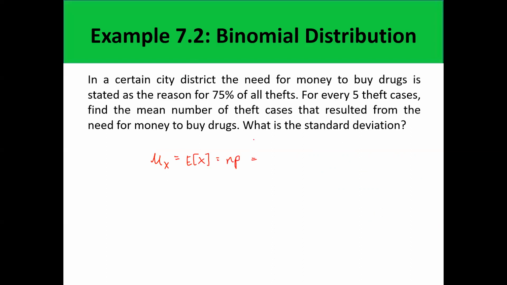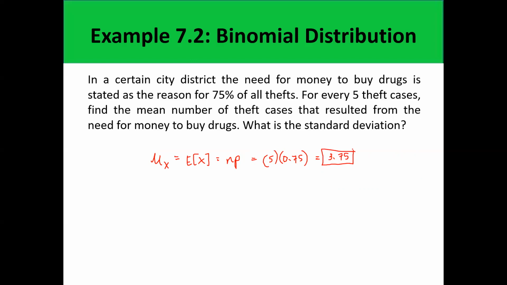We know that n is equal to 5 and that the probability of success is 0.75. So this will give us 3.75 as the expected number of theft cases resulting from the need for money to buy drugs.